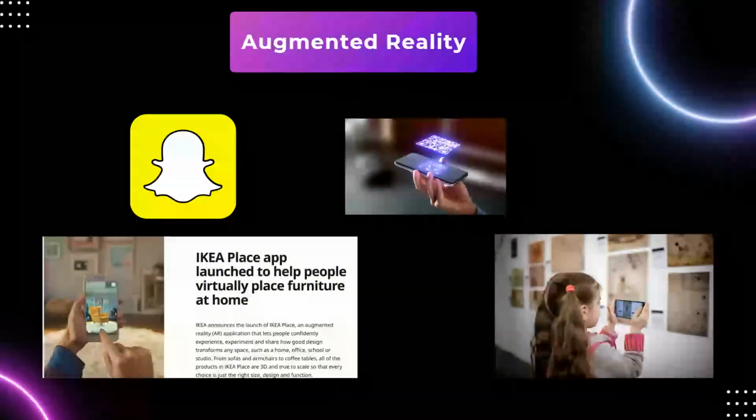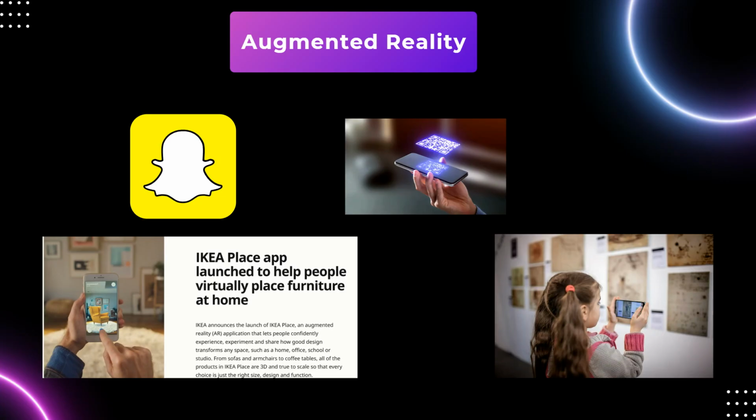When we talk about augmented reality, more and more common uses of this is showing up with smartphone uses and different apps. Some really common ones are Snapchat using filters to interact with real faces but giving those digital components, or apps like IKEA's Place app that will let you see something virtually in your home before you purchase it.